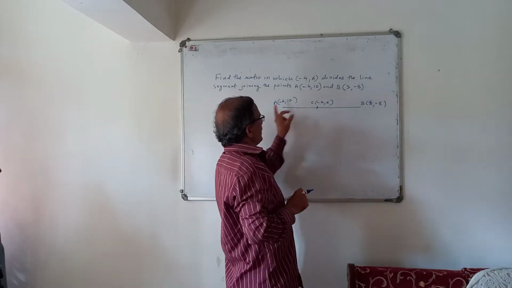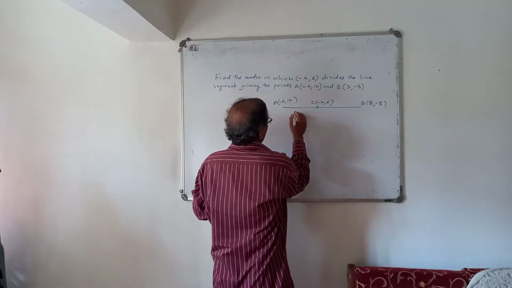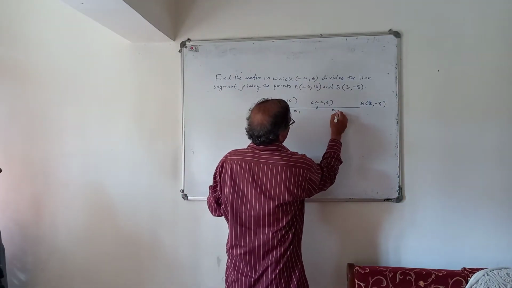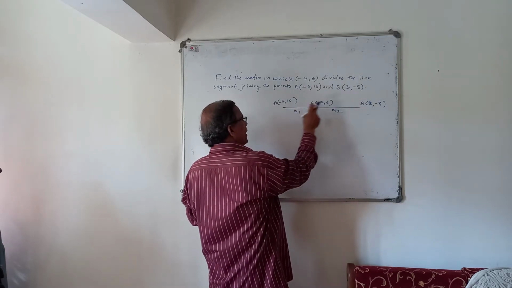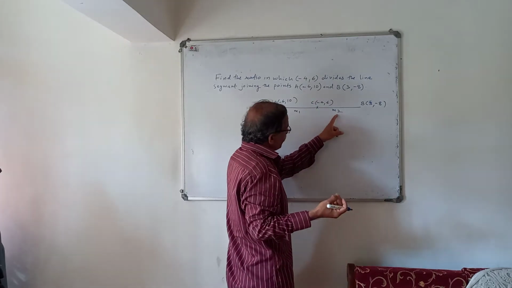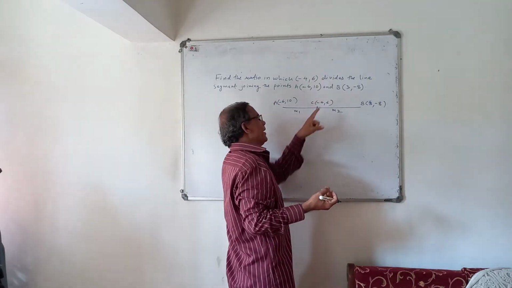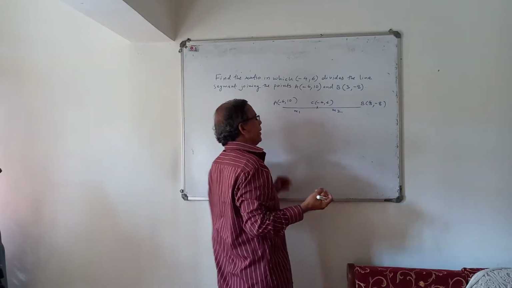So this point divides this line segment into two parts. But what is that ratio? We don't know. Suppose that is m1 is to m2. In the earlier example, m1 and m2 were given and we were calculating this value. Now coordinates are given, we have to determine m1 and m2.